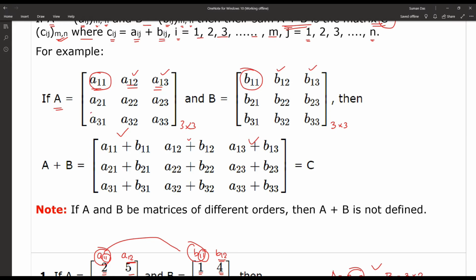In the same way, A21 plus B21, A22 plus B22, A23 plus B23, A31 plus B31, A32 plus B32, and A33 plus B33. And also the resultant matrix is of the same order as the other matrices whose addition we are doing here.